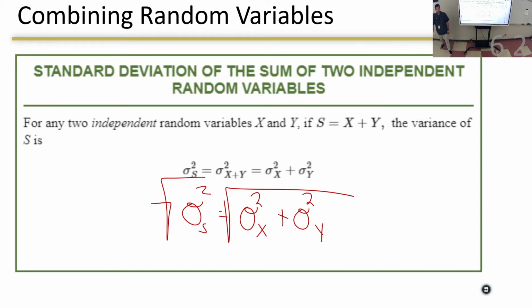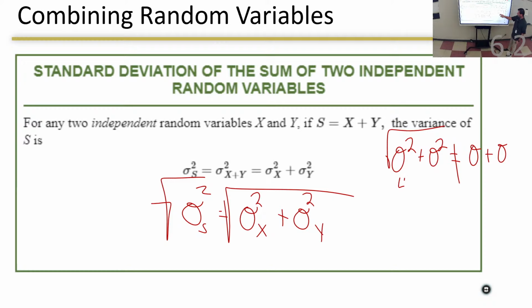I know most of you are mathematical people, so do understand: why am I squaring each one of them, then adding them, and then taking the square root? Why don't I just add the two? Because that's not the same. The square root of the sum of squares does not equal that plus that. That does not mathematically work. If this was 2 squared, this would be 4, and if this was 3 squared, that'd be 9.